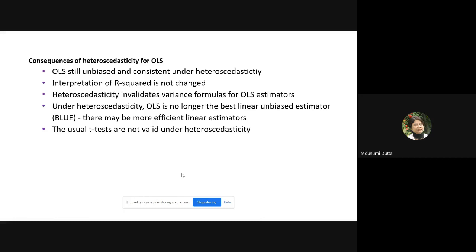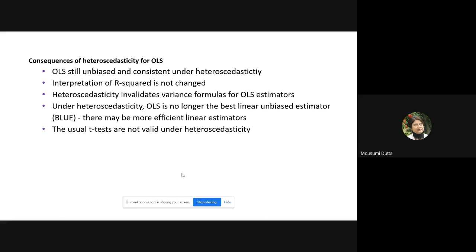However, heteroscedasticity invalidates the variance formula for OLS estimators. So under heteroscedasticity, OLS is no longer the best linear unbiased estimator. There may be more efficient linear estimators. And finally, the usual t-tests are not valid under heteroscedasticity.